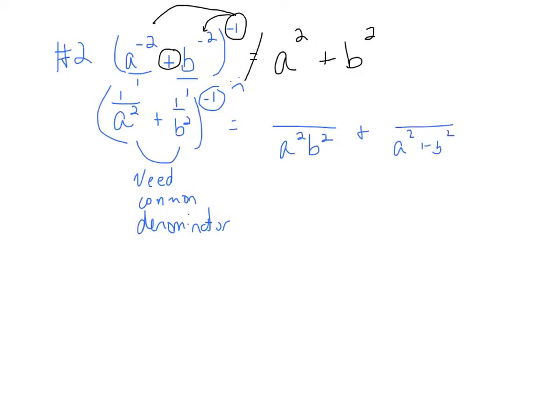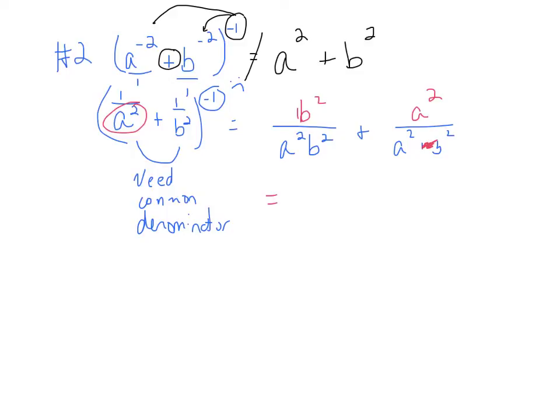All right, now the first guy, he had a 1, and he had an a squared down here. What did he need? He needed a b squared. That means you got to give him a b squared up top. So whatever you do at the bottom, you got to do the top. The second guy had a b squared, but he needs an a squared to be happy. He had a 1, so it's really a squared now up top. By the way, that plus sign shouldn't be there. That should just be a squared b squared.